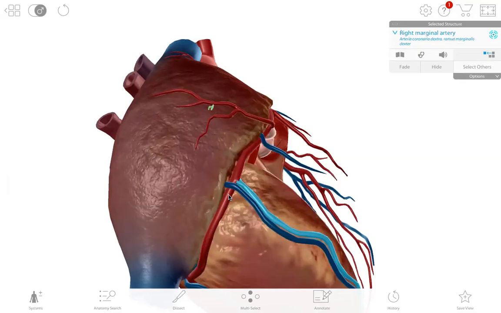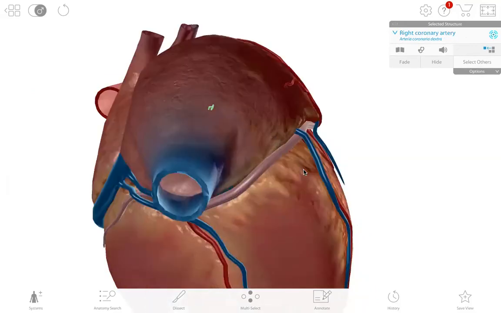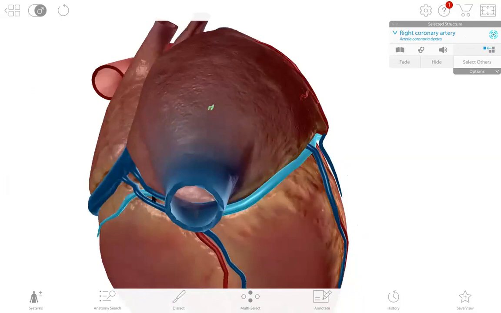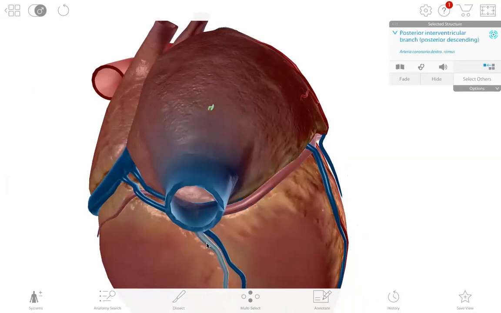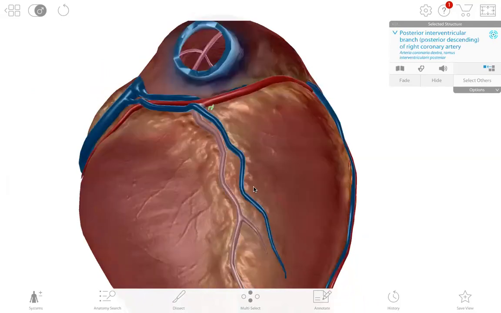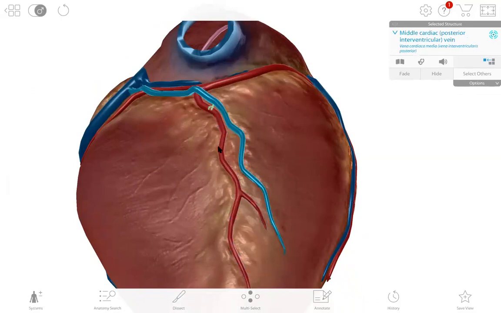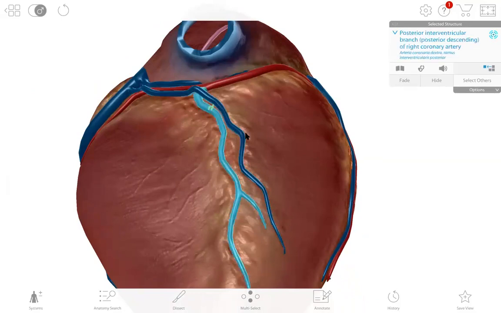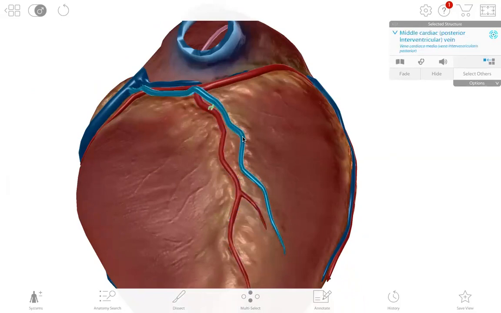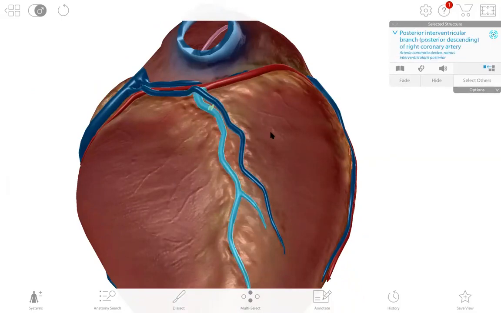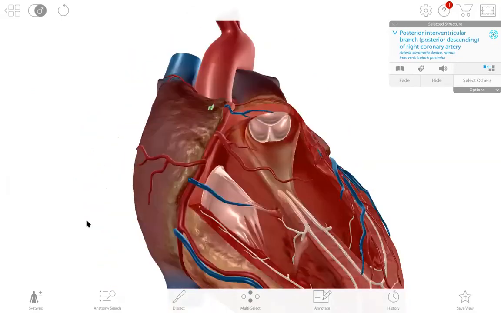The right coronary artery will continue in the groove until it makes an anastomosis with the left side. It will give an important branch called the posterior interventricular artery, which lies in the posterior interventricular groove with the middle cardiac vein. This is regarding the right coronary artery.